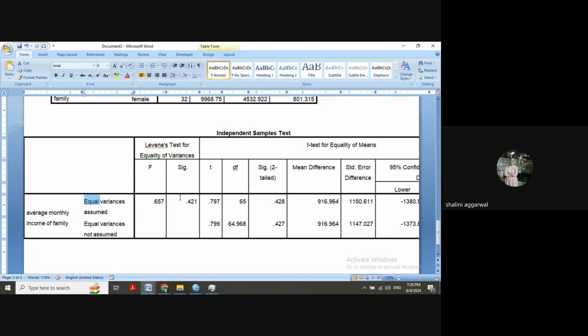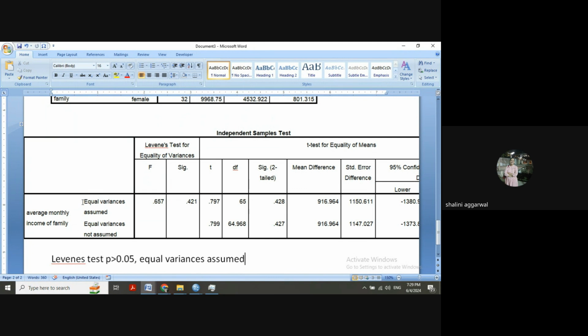If the P value in Levene's test for equality is greater than 0.05, then what will you look at? Equal variance assumed.